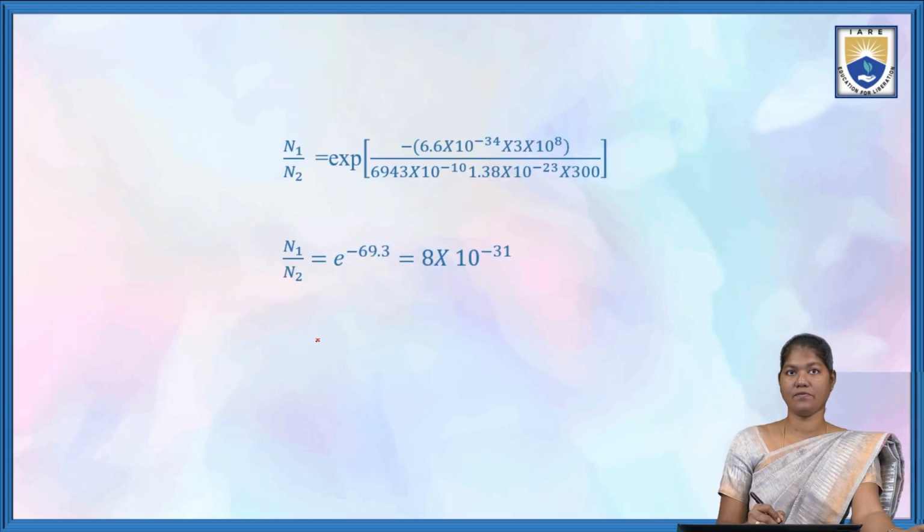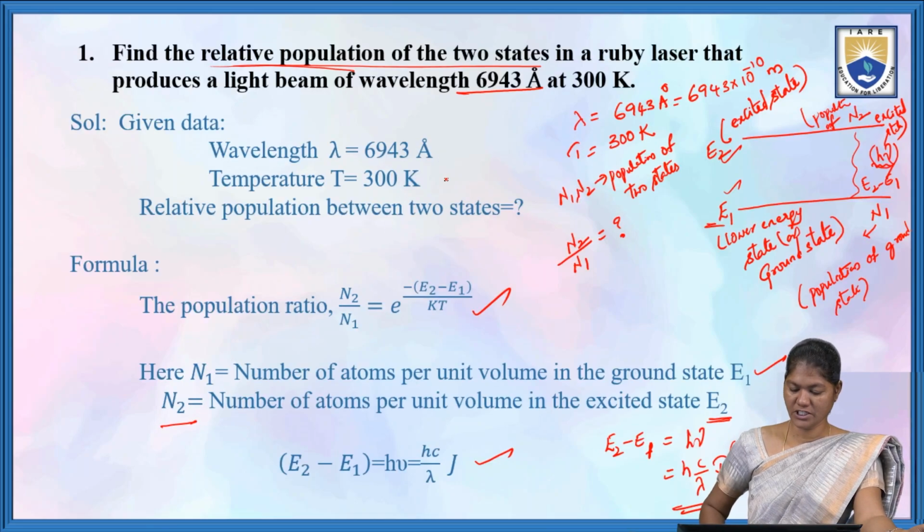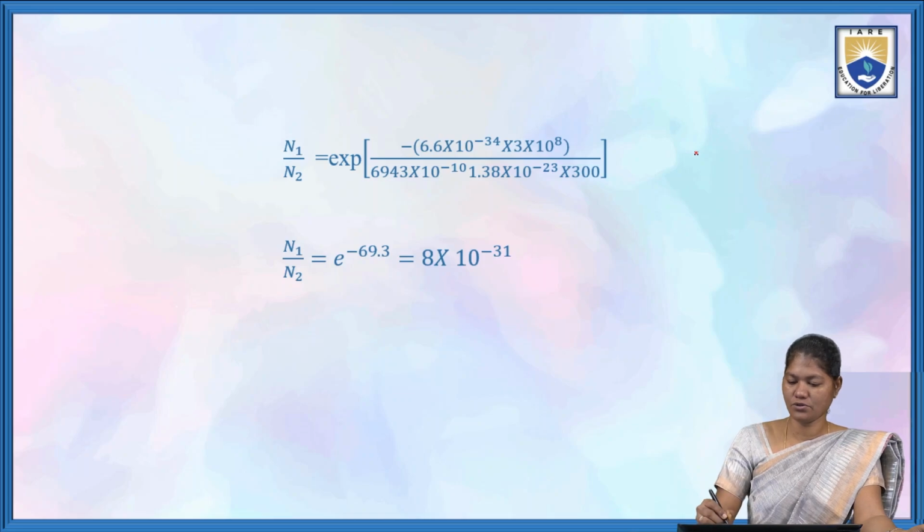So N1 by N2 is equal to the exponential of, substituting the values, E2 minus E1 by KT. Here we are using E2 minus E1 is equal to Hc by lambda joules.